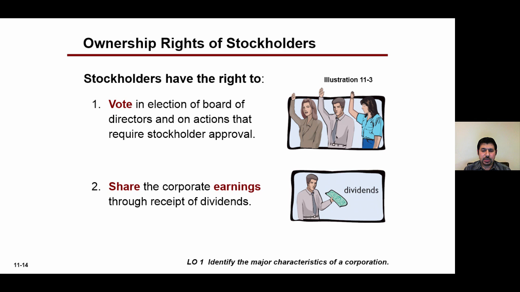They vote when they elect a board of directors and on certain actions that would require their votes, such as takeovers, etc. This is for transactions that require shareholders' approval. Shareholders also have the right to part of the company's earnings, which is in the form of dividends, and that depends on the number of shares that they have.